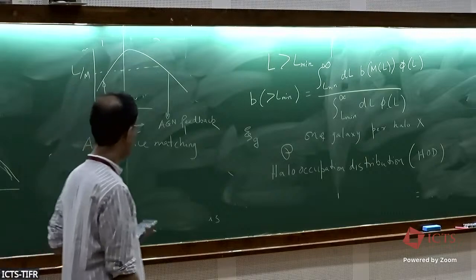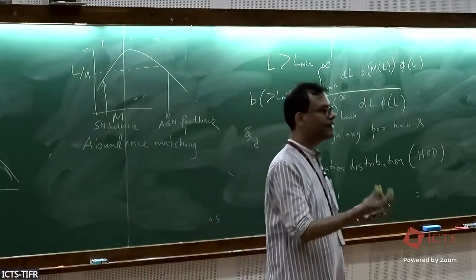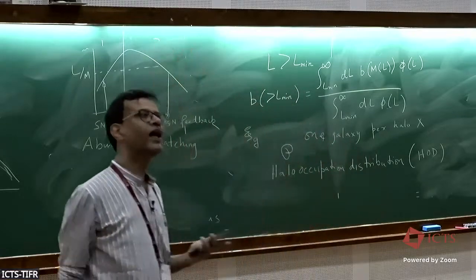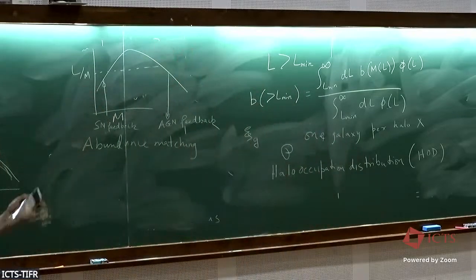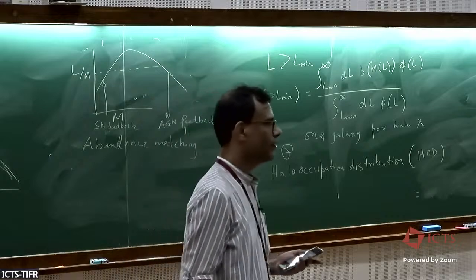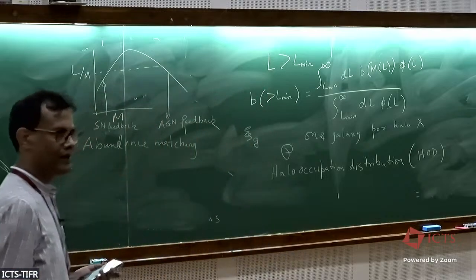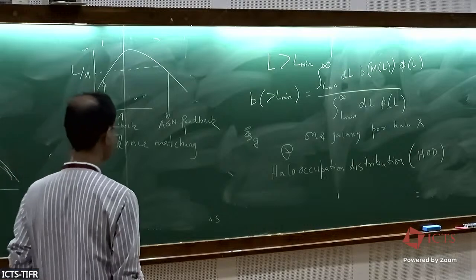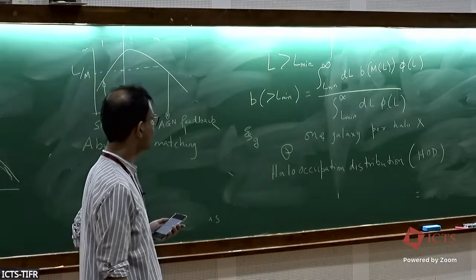Then I only talked about luminosity. You can play the same game with what are known as color. You can define color of the galaxies based on their luminosities at different bands, and you can again play the same game. So all these things are being done in cosmology, essentially.